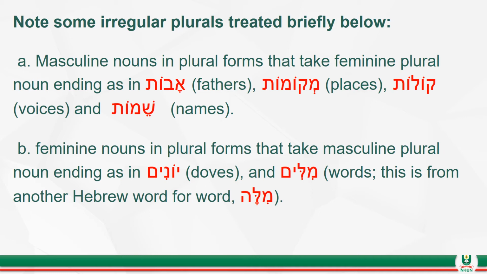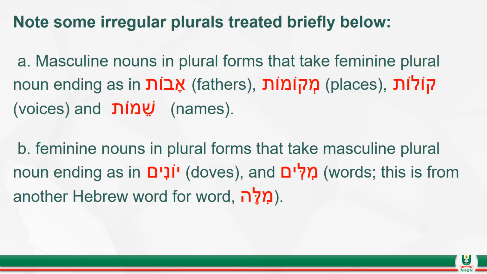We have an example of fathers. Av is father. Ordinarily, it should have been avim, which is the plural ending for the masculine. But instead of avim, the word comes as avot. There is no formula that led to this. This is just how the word has presented itself in the plural. Please note it and use it accordingly.